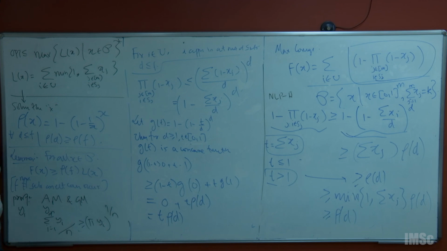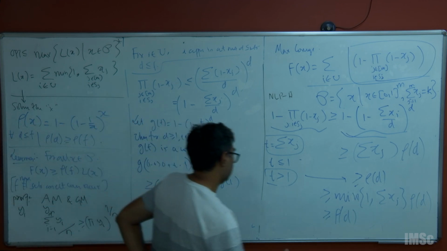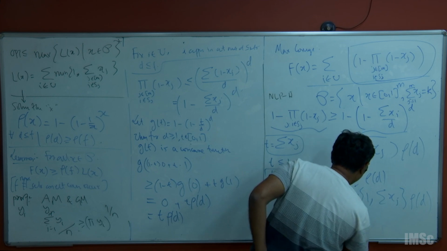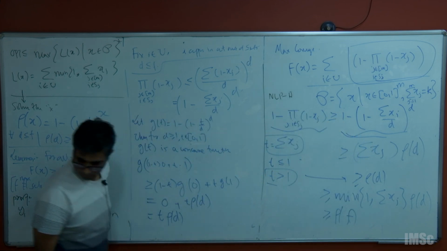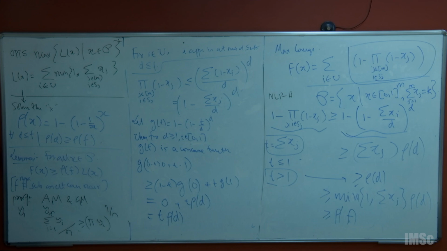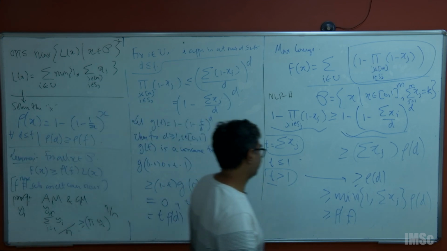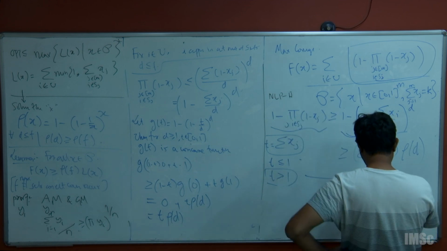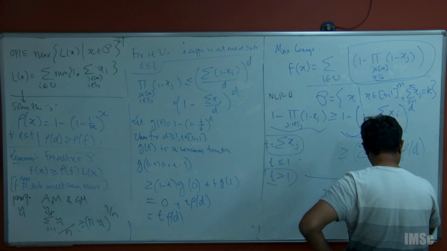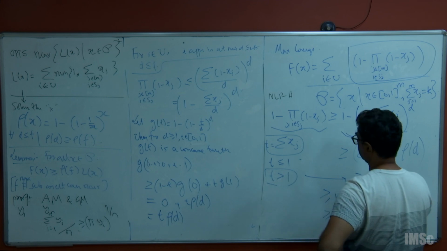For every element, what did we show? I wanted to show that this is greater than or equal to rho f by monotonicity. Is that correct? Minimum of 1 comma summation xj times rho d, and why did we get summation xj?